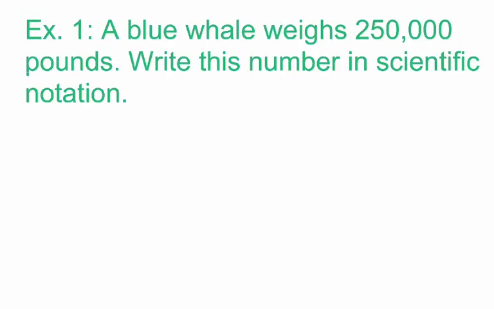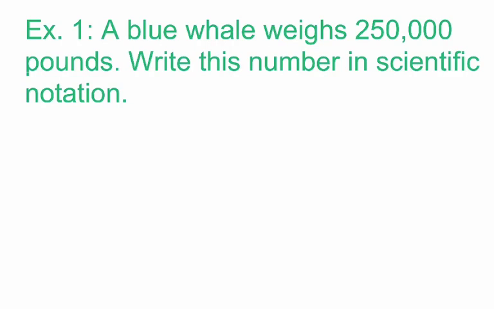So let's go ahead and get into it by taking a look at our first example. Example 1 says a blue whale weighs 250,000 pounds. We want to write this number in scientific notation. So as we said before, scientific notation needs a single-digit number and then multiply that by 10 to some power.